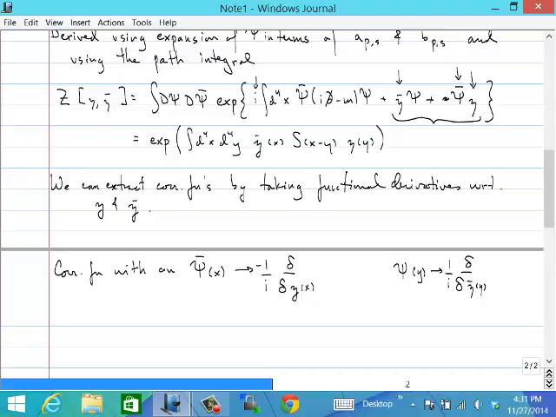Okay. So we can now go ahead and play the usual game. If Y is equal to 0, we know how to compute that path integral exactly. And functional derivatives with respect to eta, eta bar, and J just bring down factors of phi, psi bar, and psi.